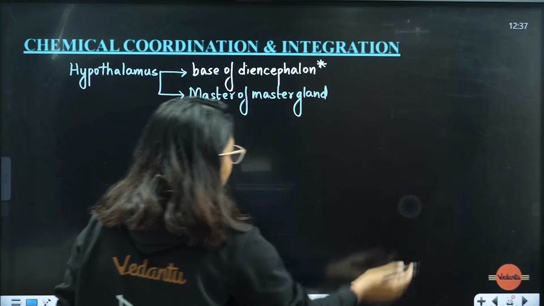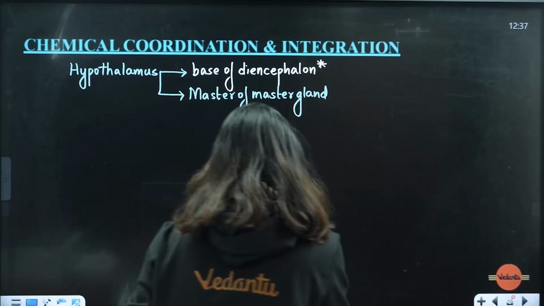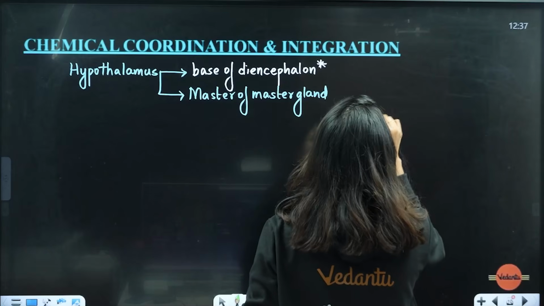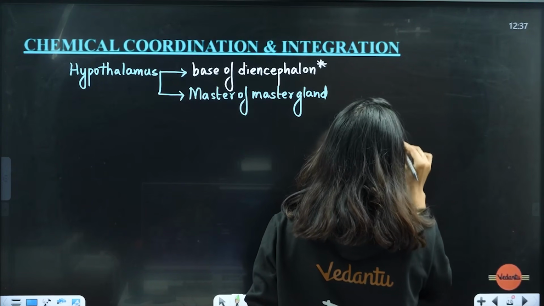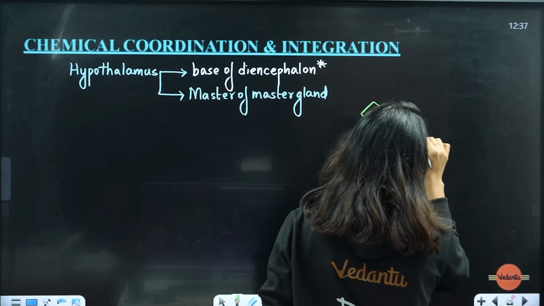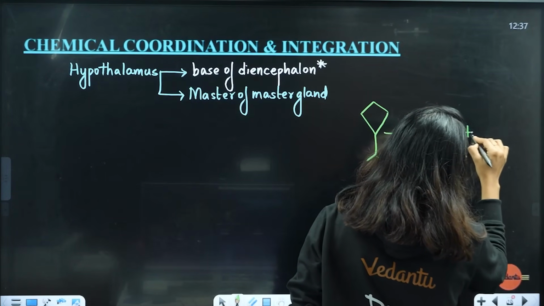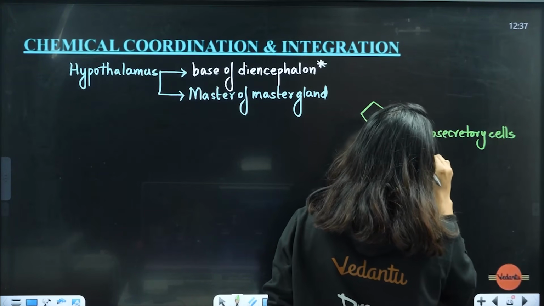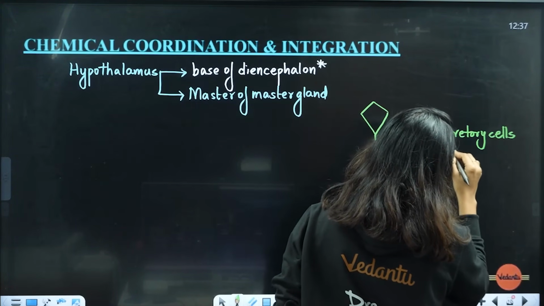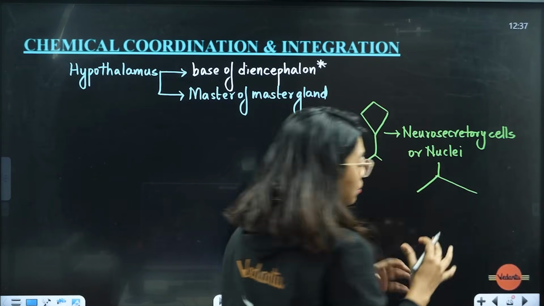Now coming to the main portion, the hypothalamus will have neurosecretory cells or nuclei, which we already understood. We will write it in this corner. Students, these neurosecretory cells, I told you, can produce hormones.